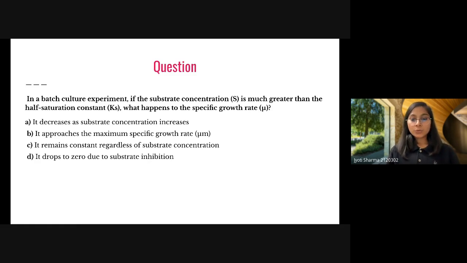So you need to know the relationship between substrate concentration and specific growth rate, given that the substrate concentration is much greater than the half saturation constant. If we have a higher substrate concentration, then the specific growth rate should also be higher, right? So B will be right: it approaches the maximum specific growth rate. Let me tell you the formula.